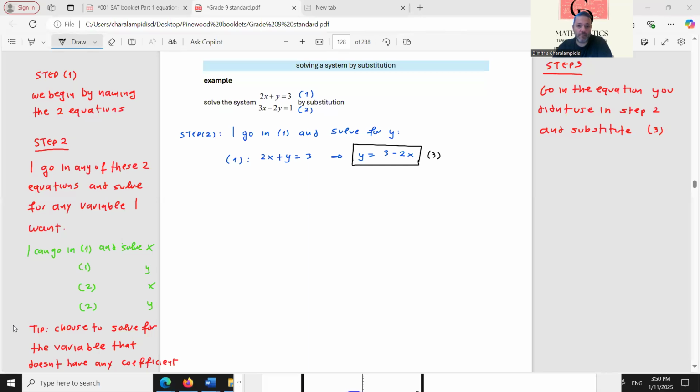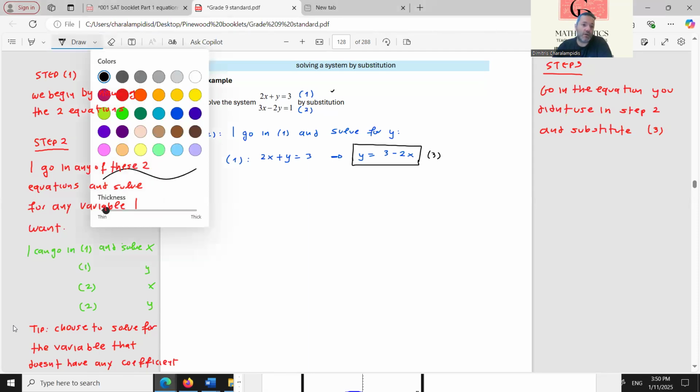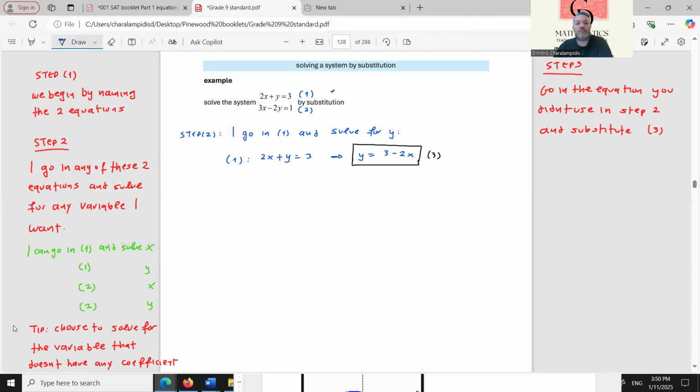So in step 2, in my example, I did use the first one. So this means that I did not use the second one, which means that in step 3, I'll go in the second equation and substitute. This is why the method is called the substitution method. I substitute the third equation.